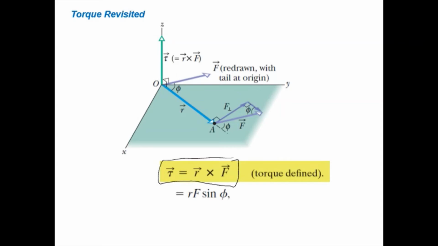So if r and F form a plane, then the torque is going to point such that r crossed into F points up the z-axis as shown, and that would be the direction of the torque vector. So again, the equation that we talked about for calculating torque, looking at r times sine theta being the moment arm, is still valid. What we're doing here is showing that there's also a vector nature to all this, and that the cross product of r crossed with F, position vector crossed into the force vector, would give you the torque vector.